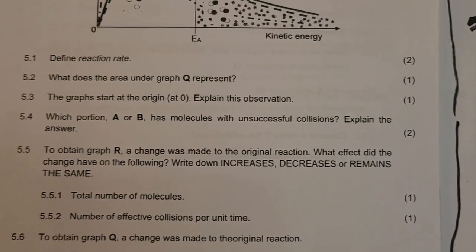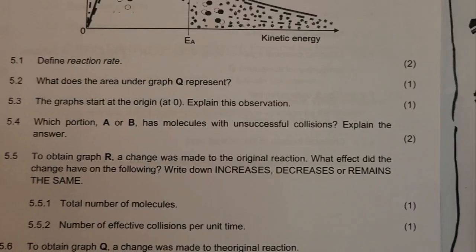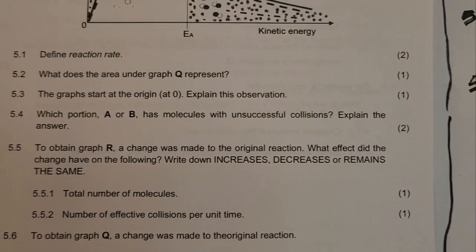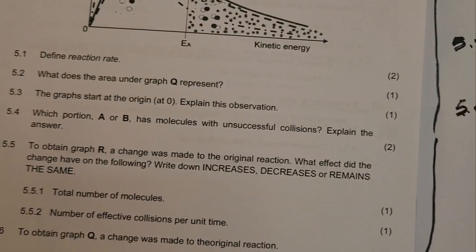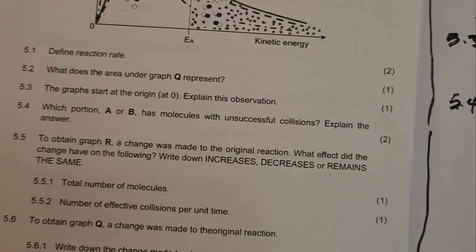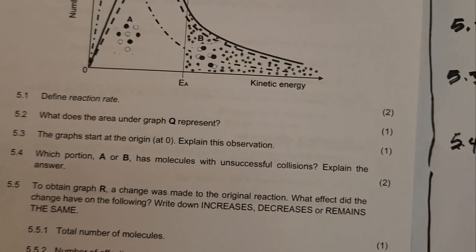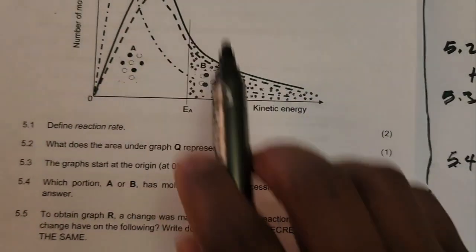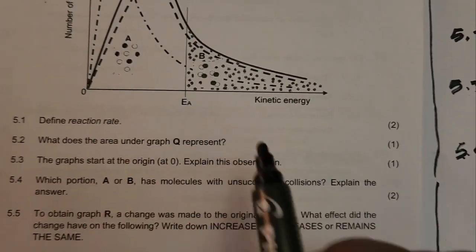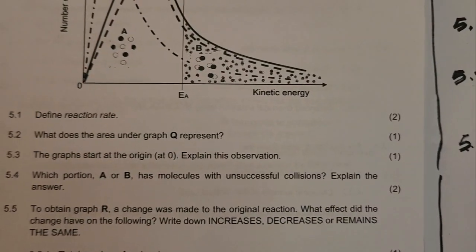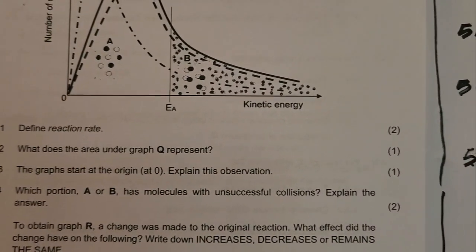In this case, 5.4, which portion, another explanation for that one will say, every molecule, the whole range of molecules, they are moving, no molecule is stationary. So it might have the lowest energy, but it should be closer to 0. It will never be 0.